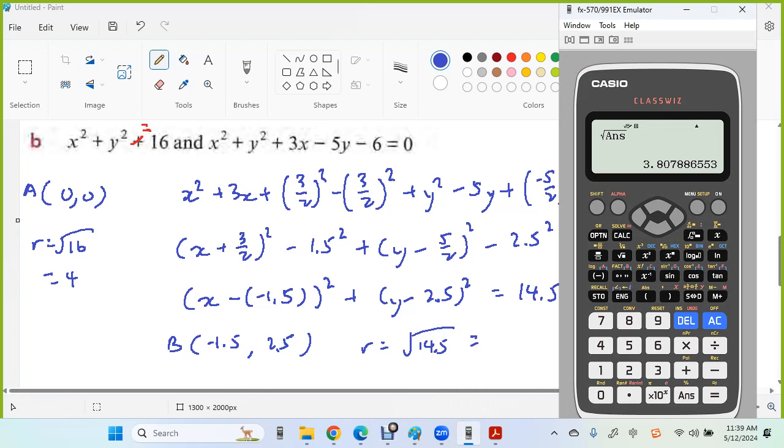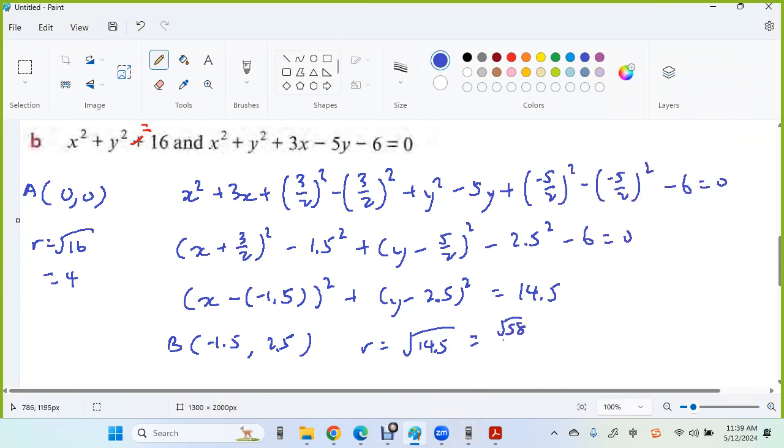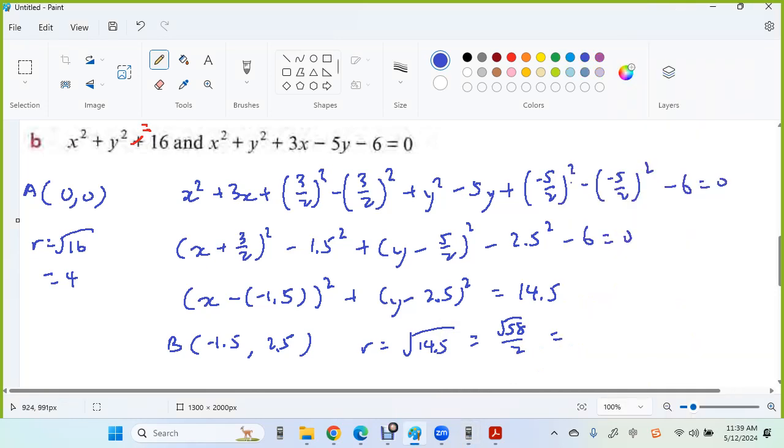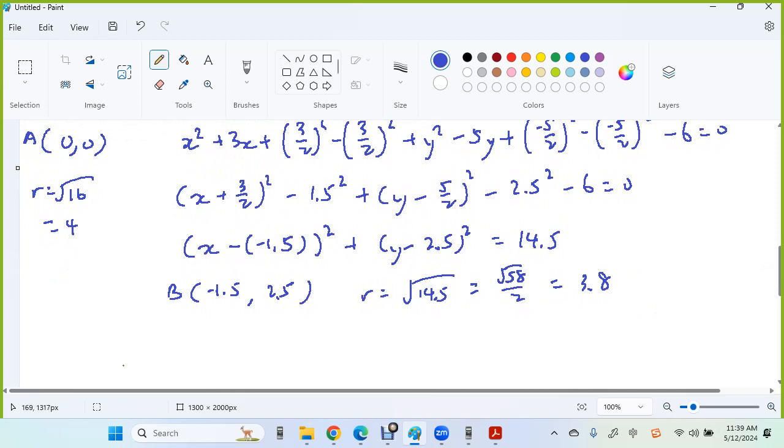So the radius is the square root of 58 over 2, which is 3.8. So the distance AB is (negative 1.5 minus 0) squared plus (2.5 minus 0) squared.